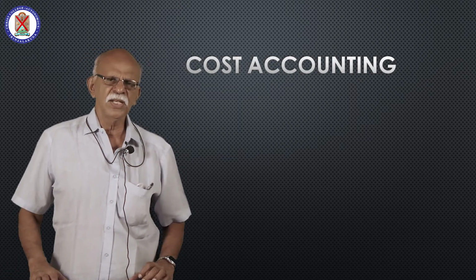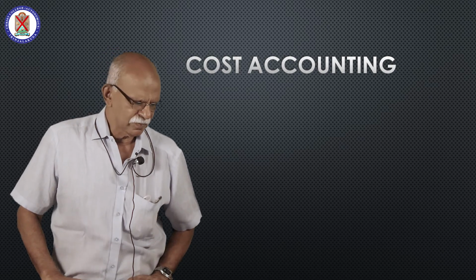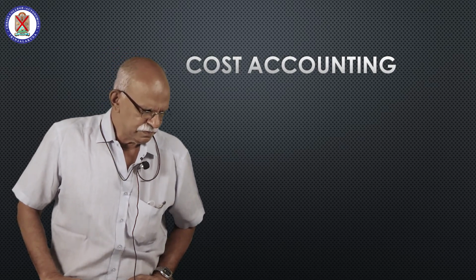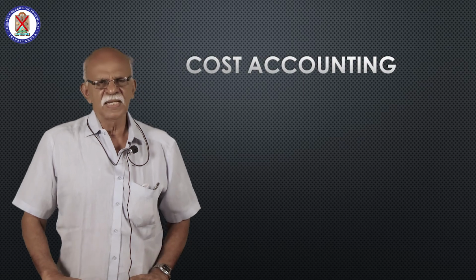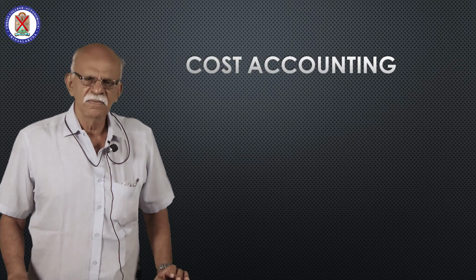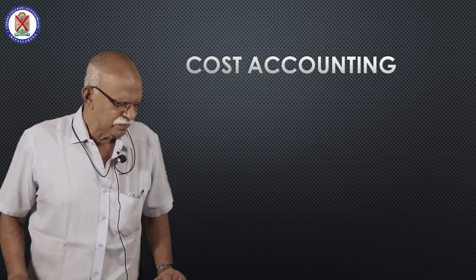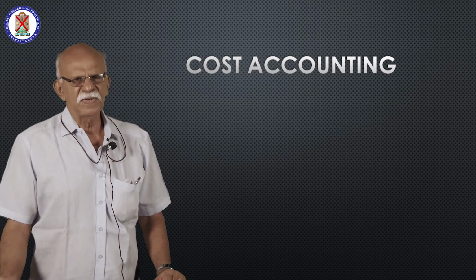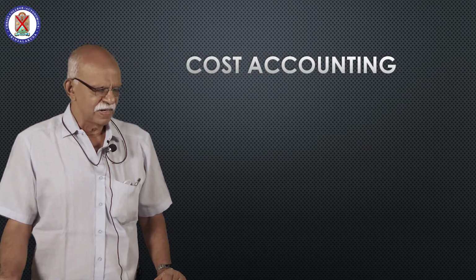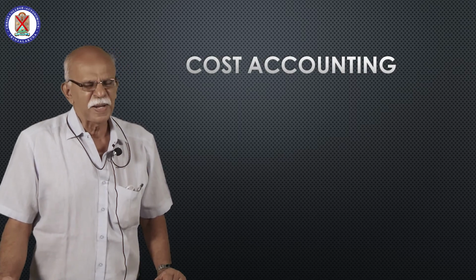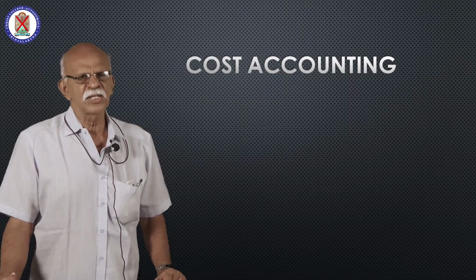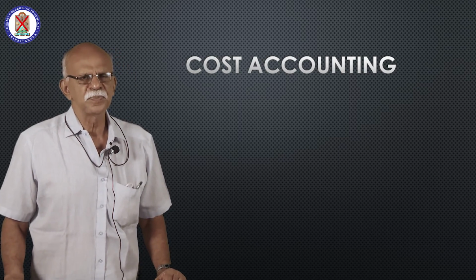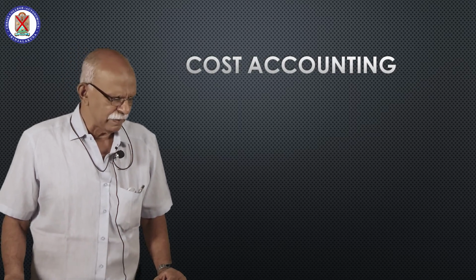Next point is interest on capital. What is interest? Interest is the reward for the use of capital. There are two types of interest on capital. One is interest paid on borrowed capital and the other is interest on own capital.